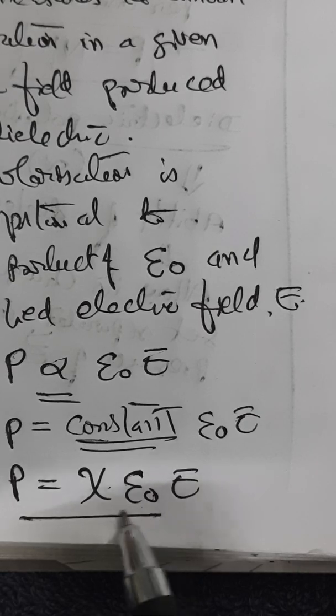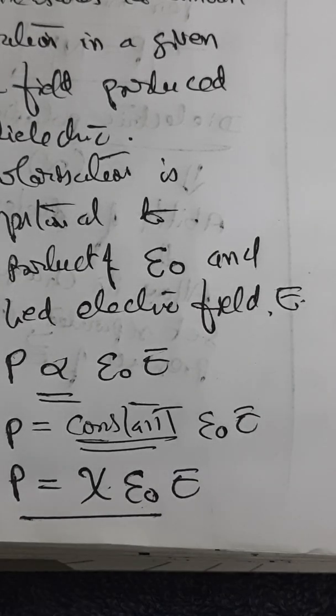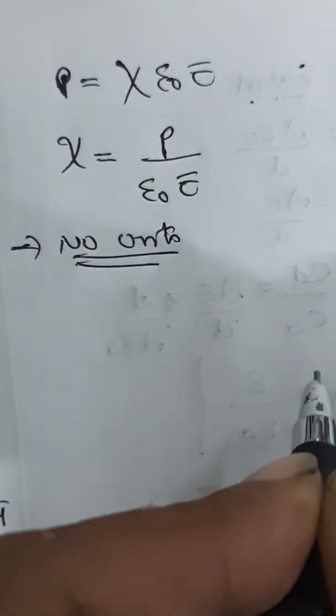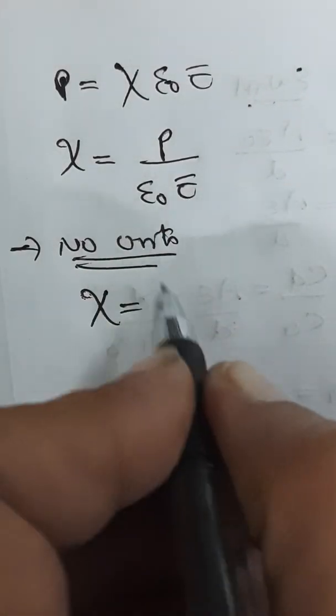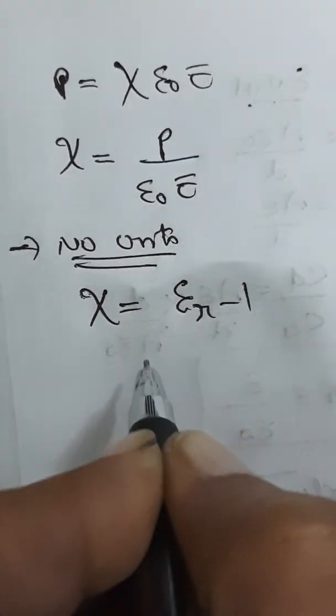You can send epsilon naught E to the other side. So by using this equation, you can find susceptibility is equal to P by epsilon naught E. Okay? That is very, very important. It has no units. Simply speaking, psi is nothing but epsilon r minus 1.